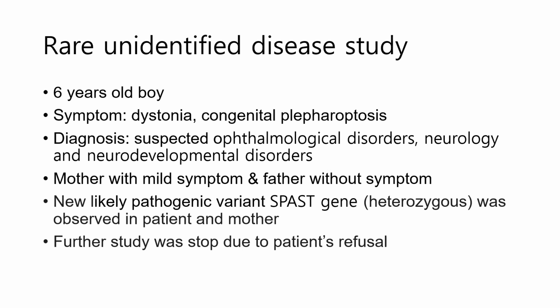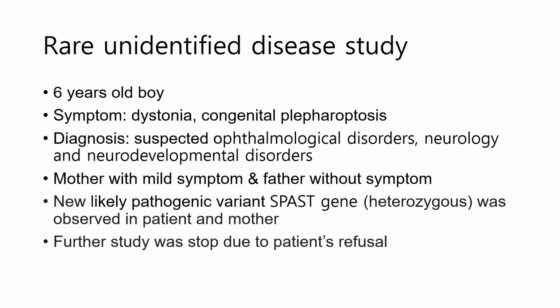suspected this disease might be some unknown neurological disease. So she interviewed the family members and found out the mother had mild symptoms in the past, and the father was without symptoms. During the whole genome sequencing, we identified a likely pathogenic variant of the SPAST gene.